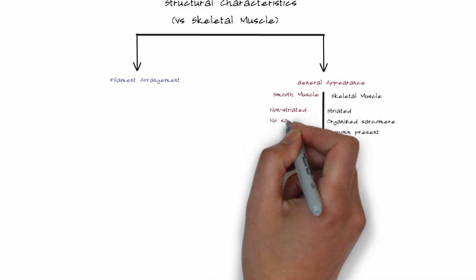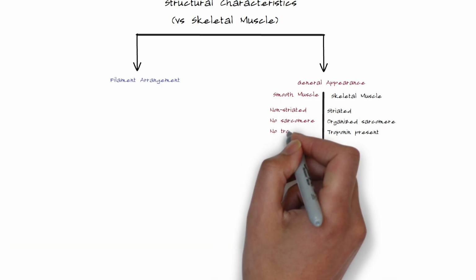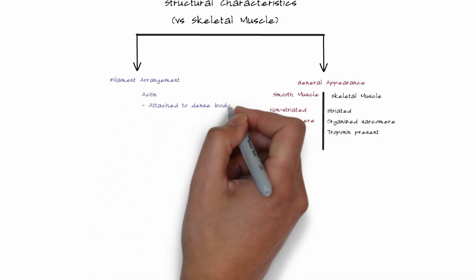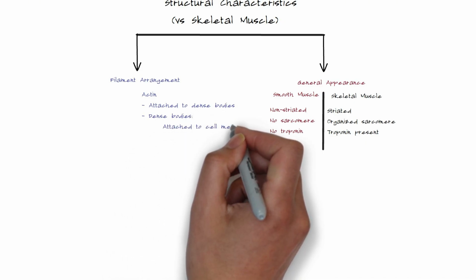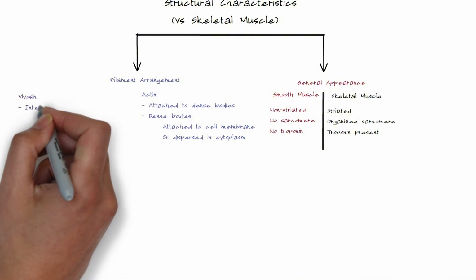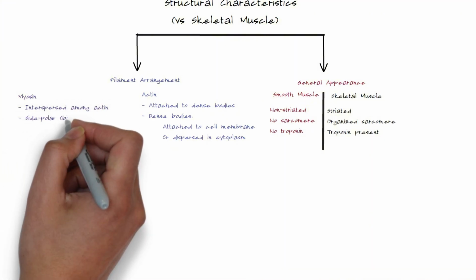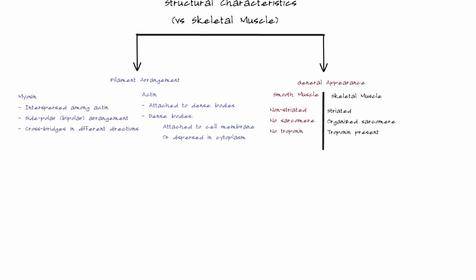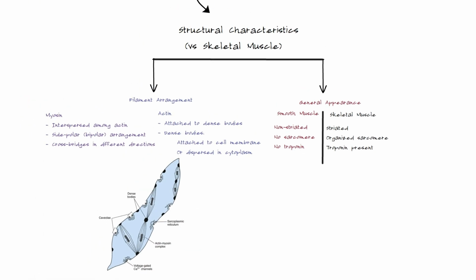So now let's discuss the difference between skeletal and smooth muscle regarding the contractile filament. For actin, the actin is attached to dense bodies, not Z discs, in the smooth muscles, and these dense bodies are attached either to the cell membrane or dispersed in the cytoplasm.